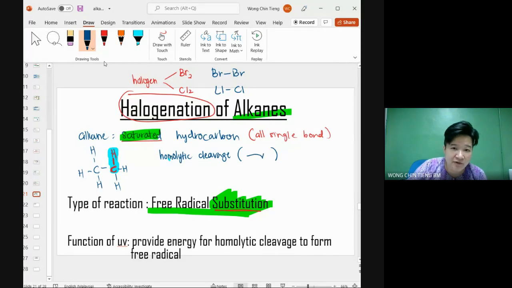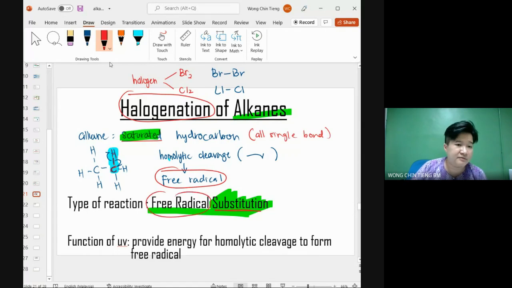Alright. Dan bila half-headed arrow, if you remember this half-headed arrow that I showed you previously, dalam homolytic cleavage, kita akan produce apa? Kita akan produce free radical. Nampak? That's why we can only proceed with free radical substitution.